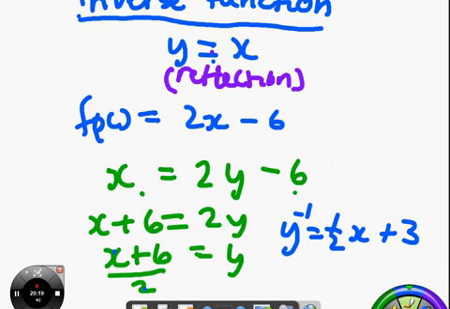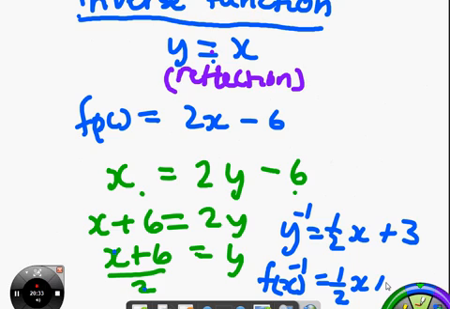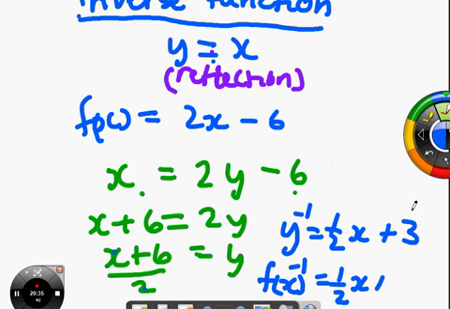Some people can write it like this: f of x inverse is equal to half x plus 3. Do you see? So that's the inverse.